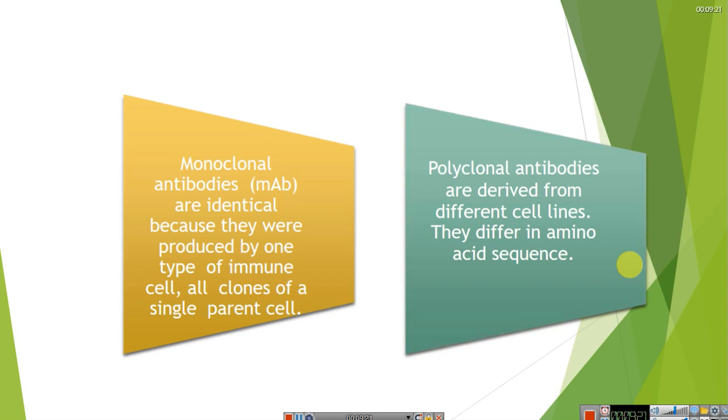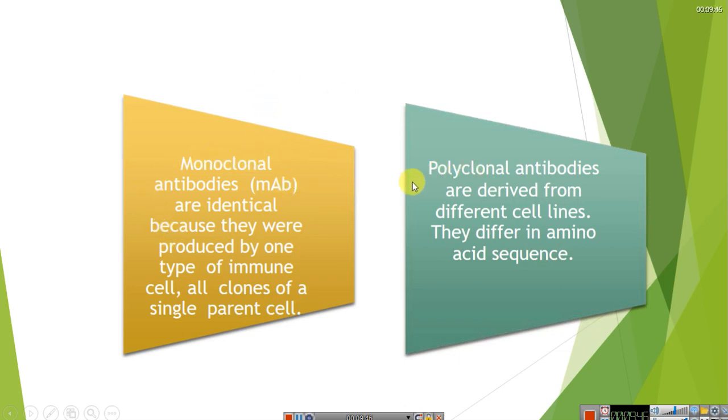Now we should understand what are monoclonal antibodies and what are polyclonal antibodies. See, monoclonal antibodies are identical because they are produced by one type of immune cell, or clones of a parent cell. Only a single cell, or its clones, is producing the monoclonal antibody.